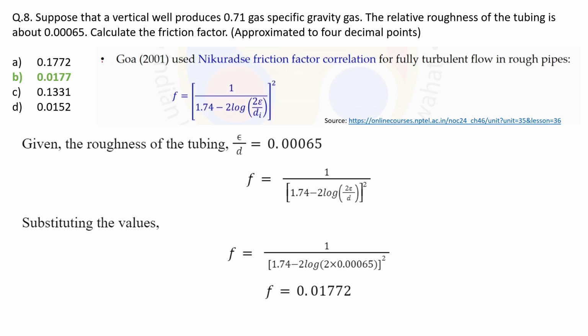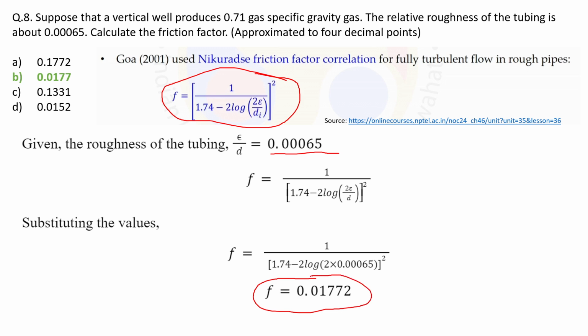So for this case, the turbulent flow equation that we have to use is this one. As the roughness of the tube is given, epsilon by d is equal to 0.00065. We put this value here, and from that we find the friction factor, which comes out as 0.01772. That is option number D.